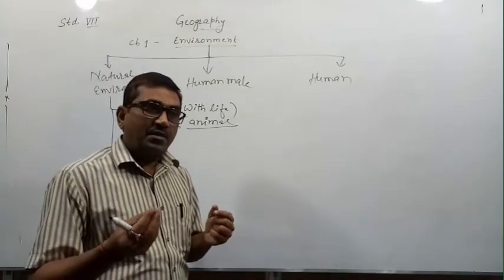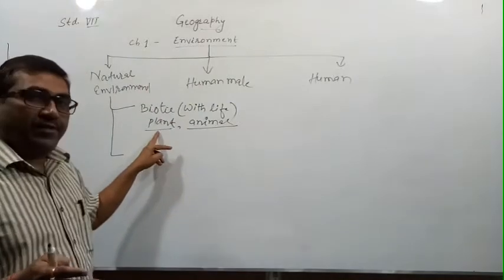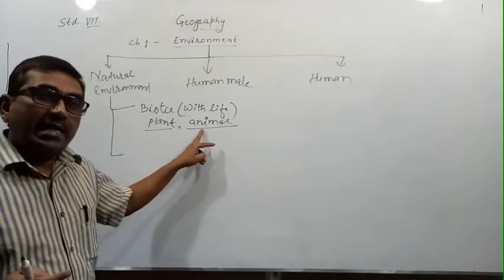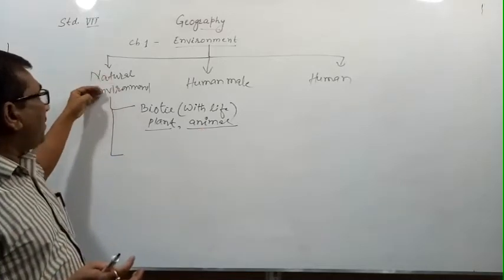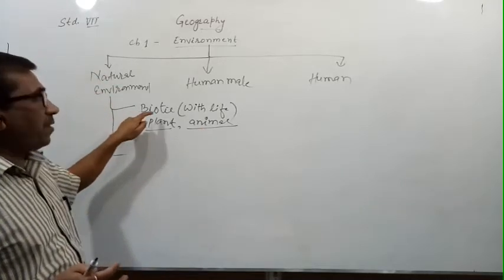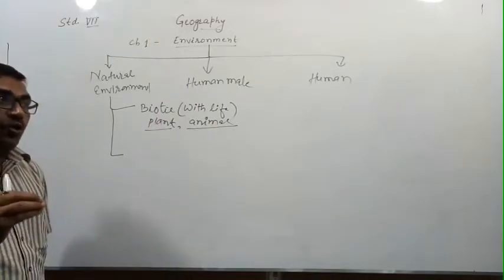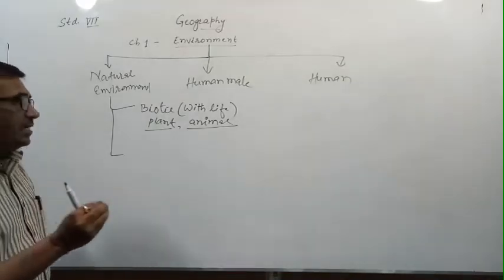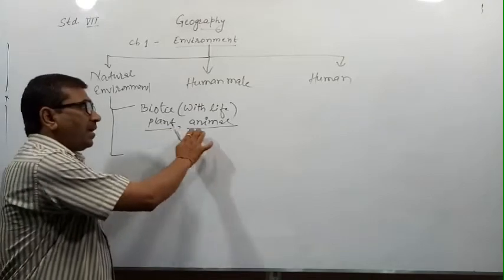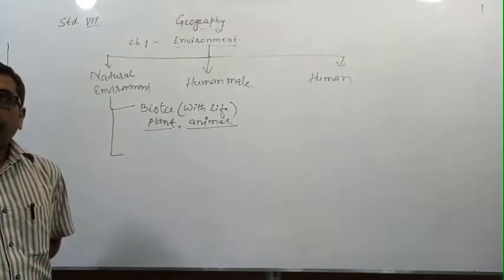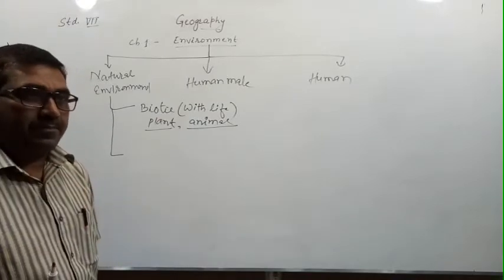It means our food habit is changing. Plants affect us, and in the same way animals also affect. The natural environment has two parts. The first part is the biotic environment, which has life, and it can be classified into two groups, plants and animals.